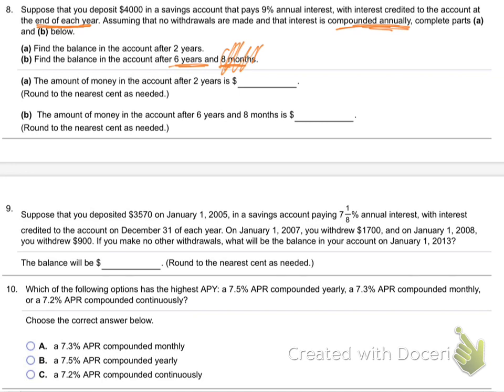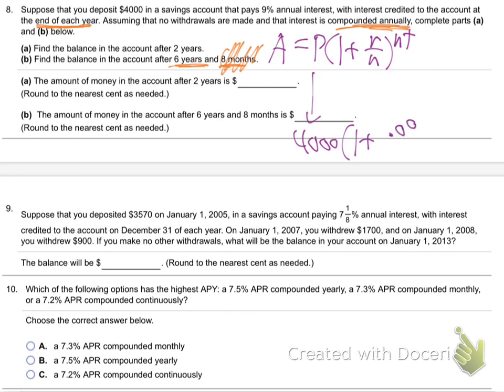All right, same formula then. A equals P(1 plus R over N) to the NT. So plug in stuff, hit the buttons on your calculator. In fact, everything's almost the same, isn't it? The P is still 4,000. The interest rate is still 9%. The N is still once a year. Now the T is 6 years.